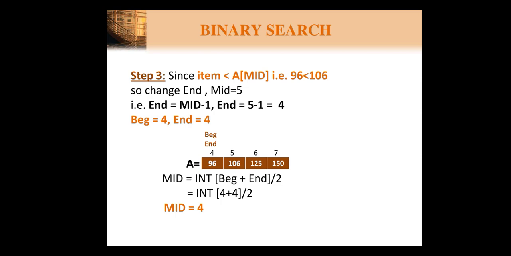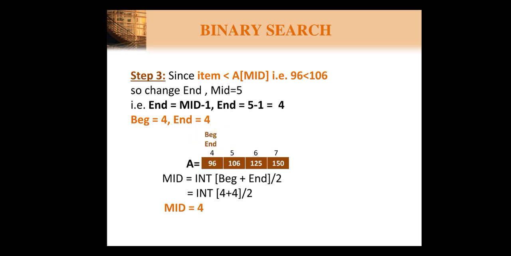We are not going to a further step, because beginning and end both point to the same position. The searching process continues until beginning and end both point to the same position. Now beginning and end are both set to location number 4.